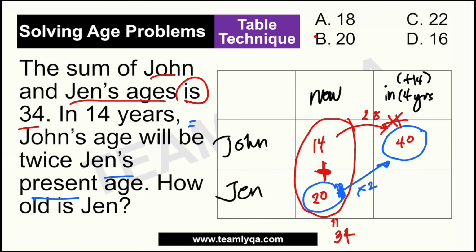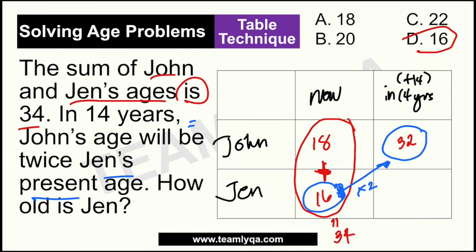Mali ang 20. Okay? Now, if we're going to choose naman yung correct answer, which, again, using algebra kanina, sabi natin 16. Kung ilalagay ko 16 as Jen's age, 16 times 2 is going to give me 32. At kung 16 ang age ni Jen ngayon, 34 minus 16, para makuha ko yung age ni John, that would give me 18.